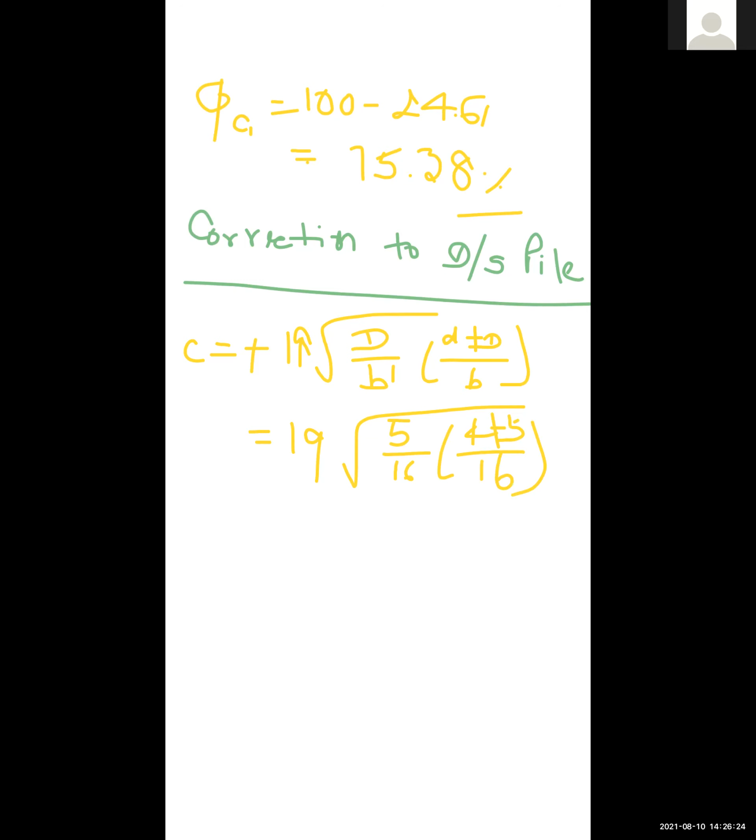So the value of C can be calculated. So how much is this value? The correction on the downstream side is equal to 5.974%, that is approximately 6%.